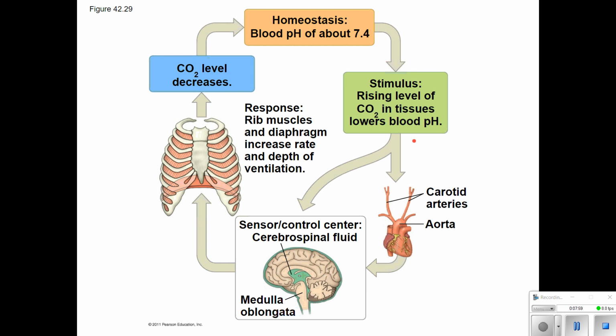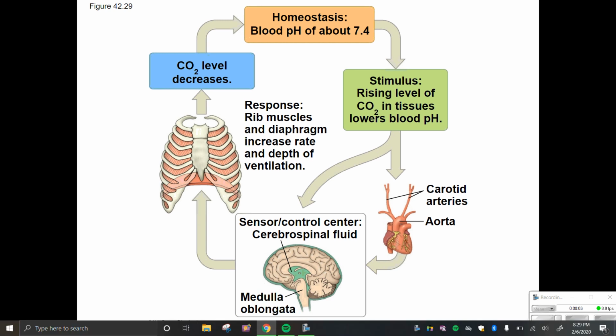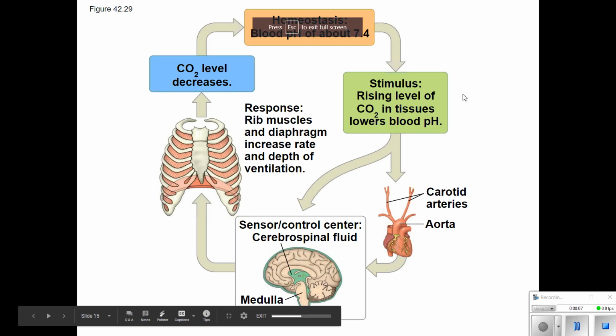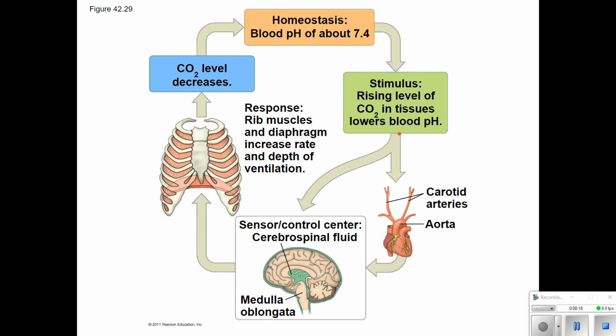However, if we for some reason increase the amount of activity in our bodies, or our breathing rate starts to slow down, the pH in our blood can actually drop, which makes our blood more acidic. That's due to the rising level of CO2 in our body and in our tissues.